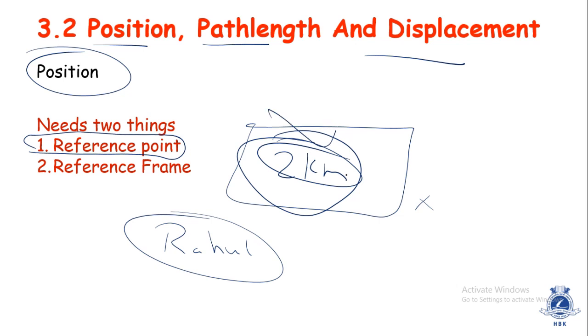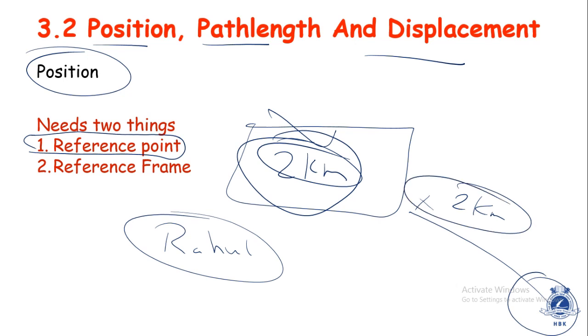Imagine 2 kilometer from HBK school. Then too you will not be able to find out his home, because 2 kilometer can be in any direction, and he can live anywhere around it. So in that case you will need a reference frame.